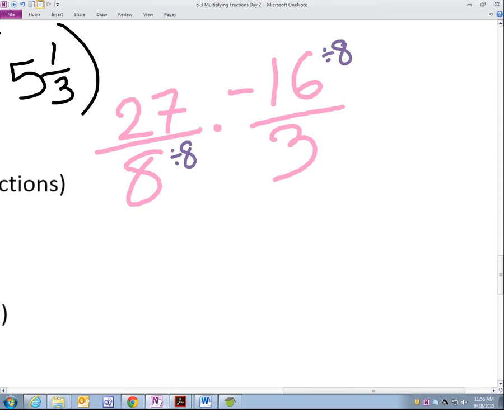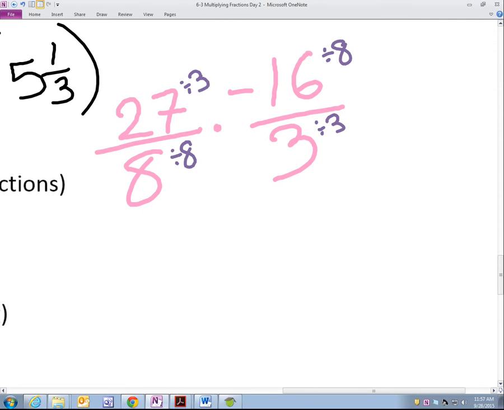Do you know anything that goes into 27 and 3? 3. Yep. Because it becomes 9.